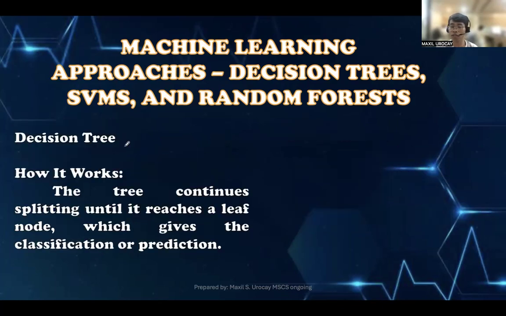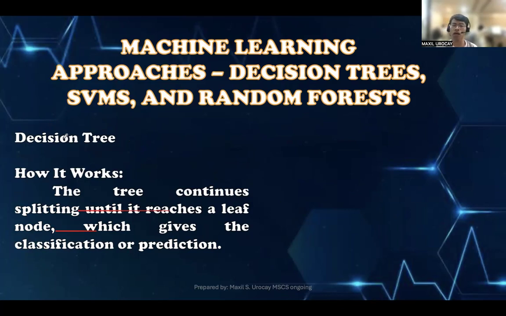Now, how does a decision tree work? The tree continues splitting until it reaches a leaf node, which gives the classification or prediction. So those are simple yet effective classifiers. They split the data based on important features, but they can overfit if the tree becomes too deep. Of course, that's usually the problem.